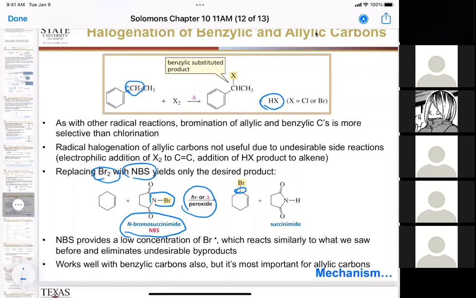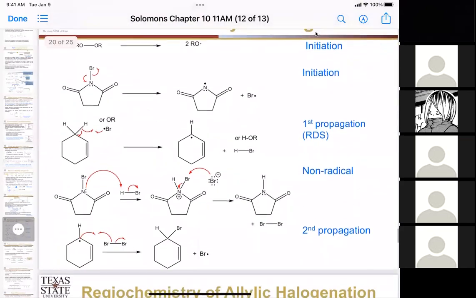How does that work? It turns out it allows for a very small amount of bromine at any one time. The allylic radical forms first, so the bromine is not attacking the double bond. The allylic radical is actually doing the abstraction from bromine.